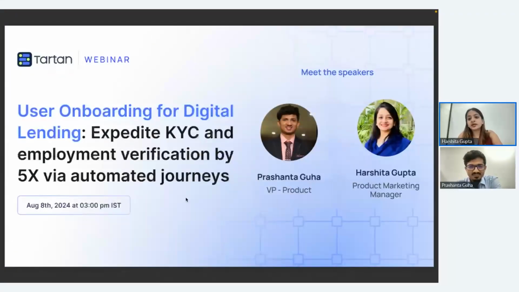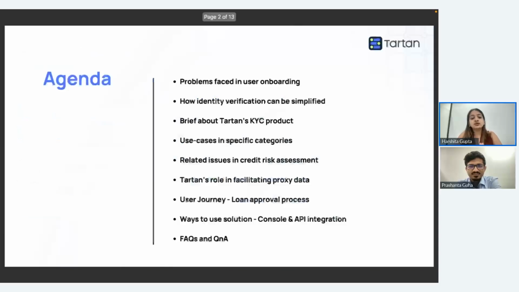Like I said, today we're going to talk about the user onboarding for the digital lending use case. We're going to talk about automated journeys and how we can make the user journey more efficient with our verification APIs. So today's agenda would be the problem that the industry currently faces in user onboarding, and then how identity verification can be simplified in the process.